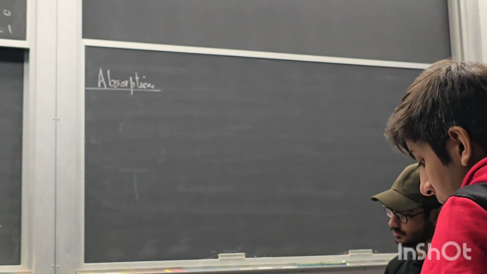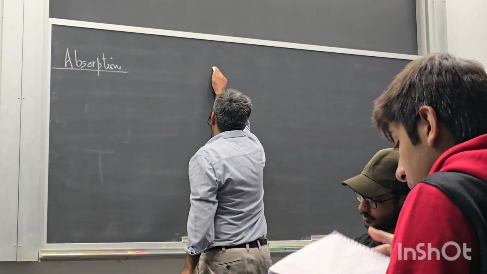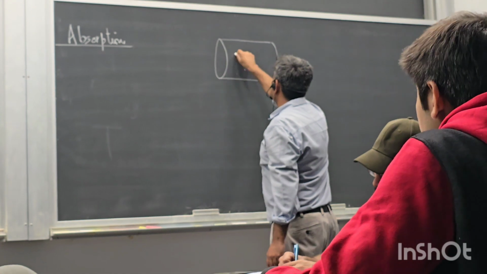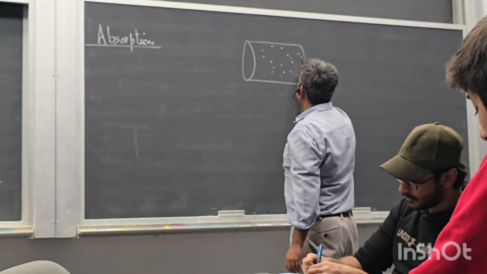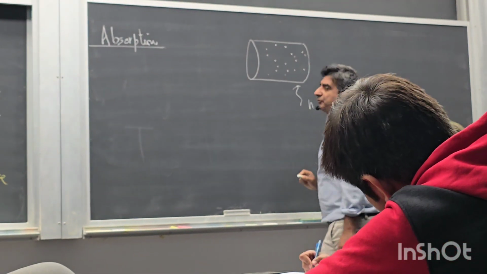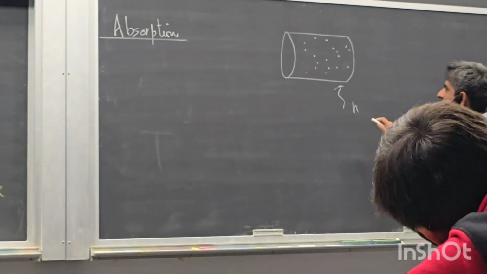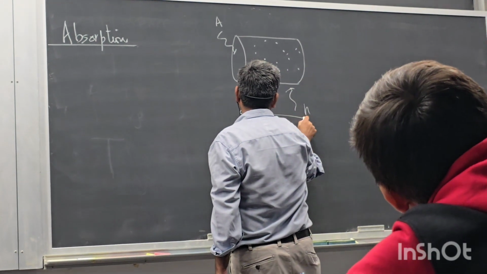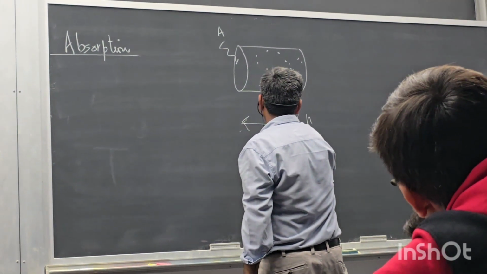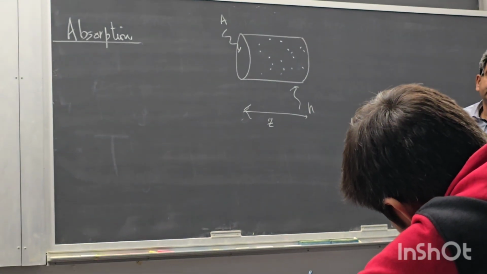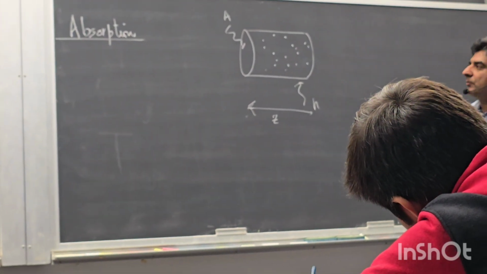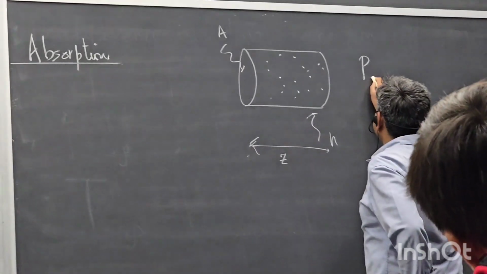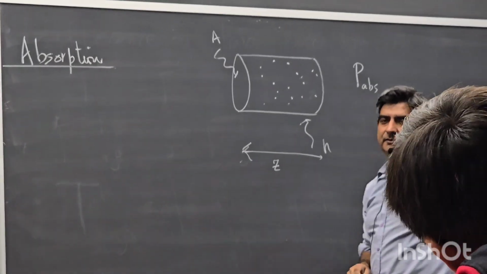So suppose I have this cylindrical section of atoms and there are n atoms per unit volume. The cross-sectional area is, say, A, and this length, suppose, is Z. What I would like to find out is how much power is being absorbed by the system.